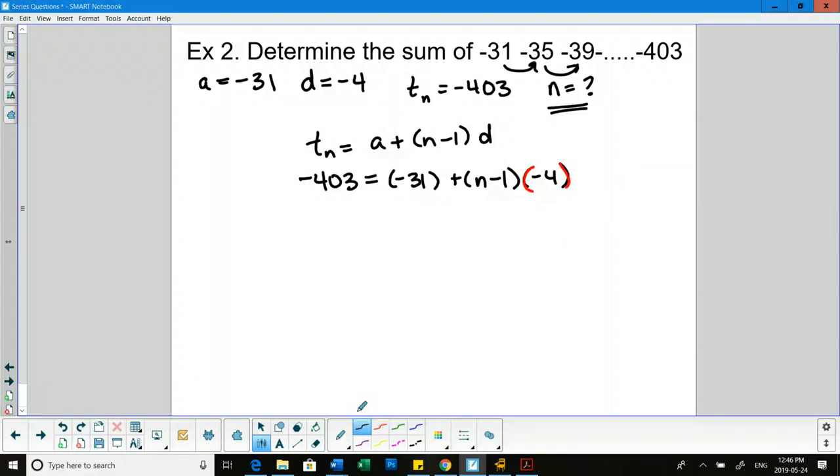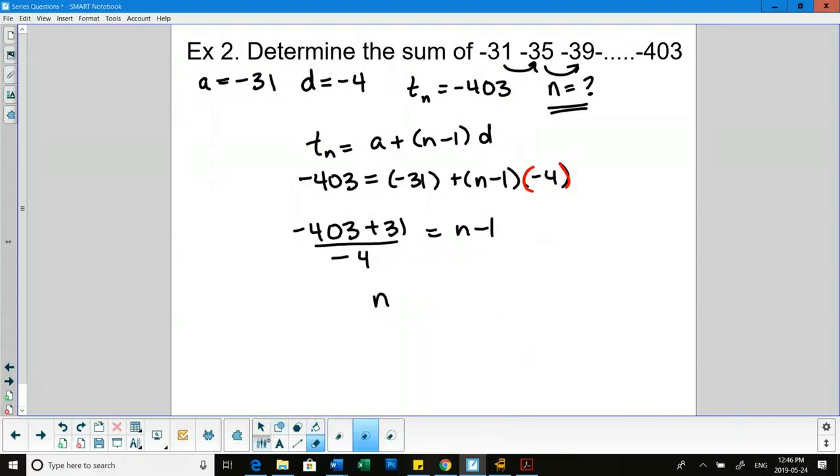Okay, so we're going to solve for n. Okay, so just isolating here. Or maybe we'll do this in 2 steps.